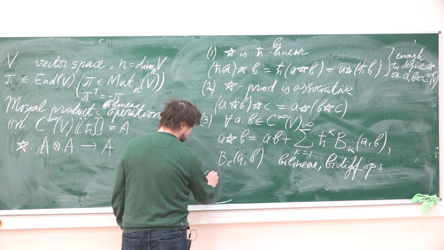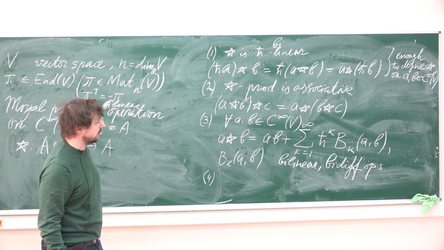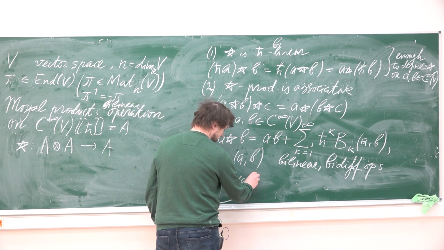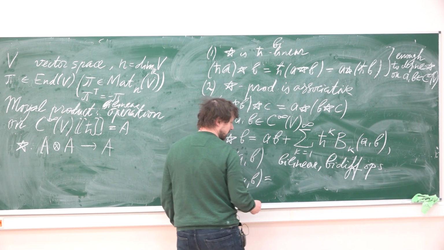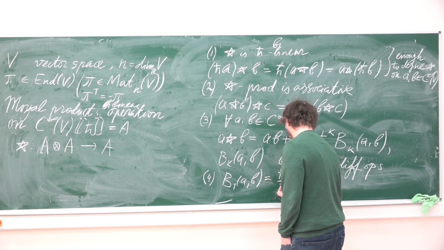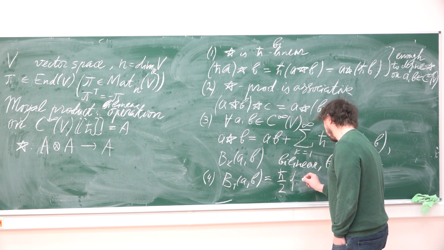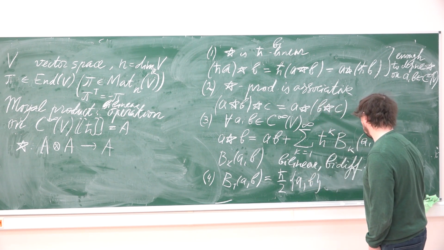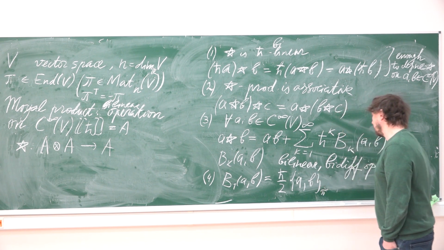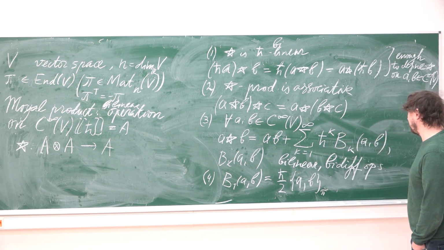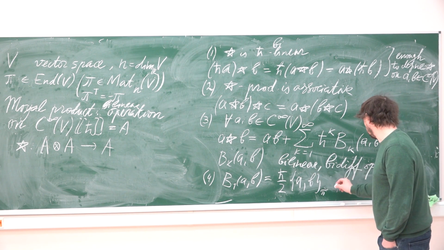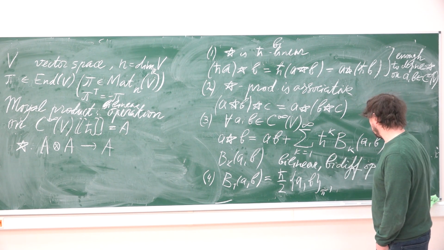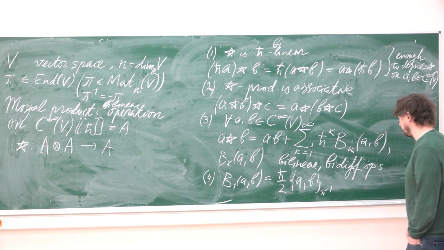Number 4 is that the first term in this sum is equal, up to coefficient 1/2, to the Poisson bracket of A and B. Well, let's put Poisson bracket in quotation marks, because it's not like the usual Poisson bracket, but up to some change of coordinates it is.